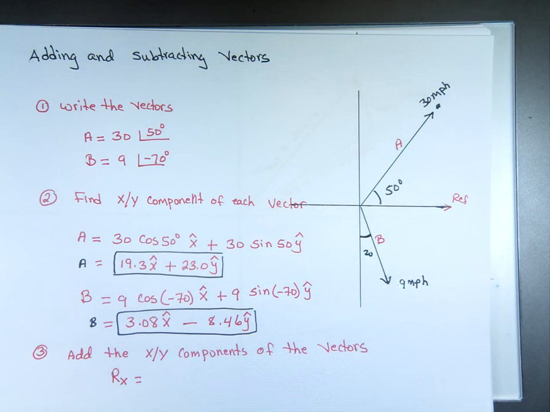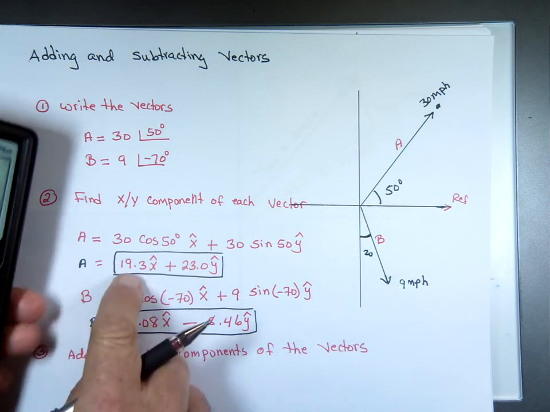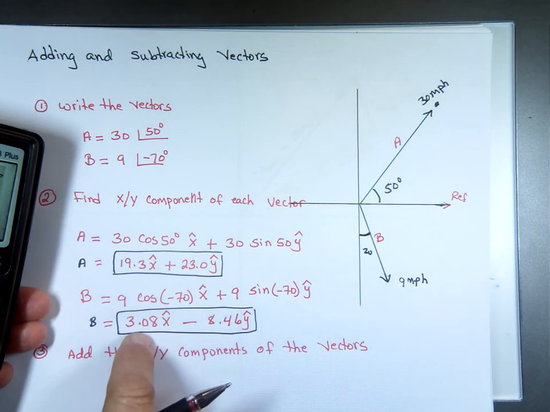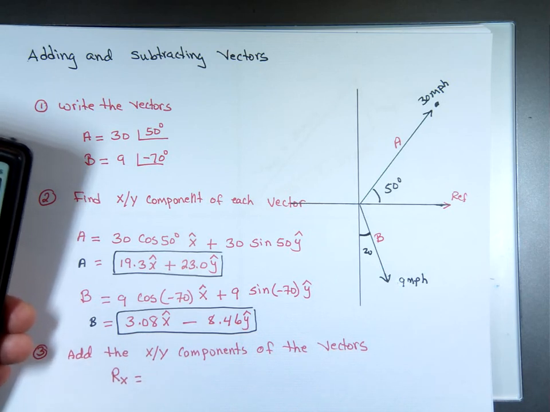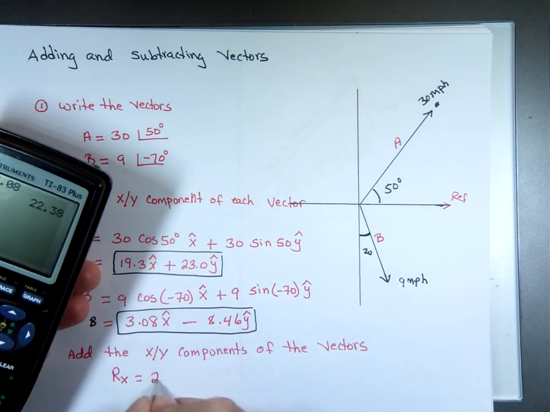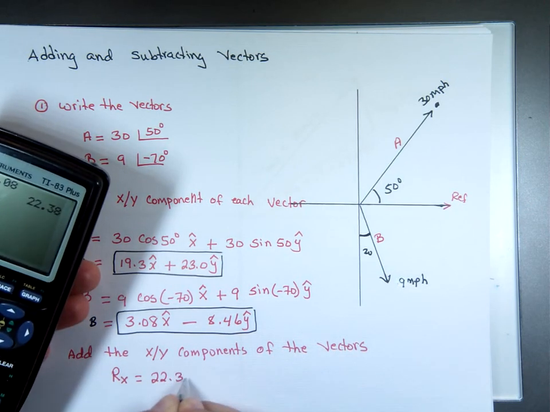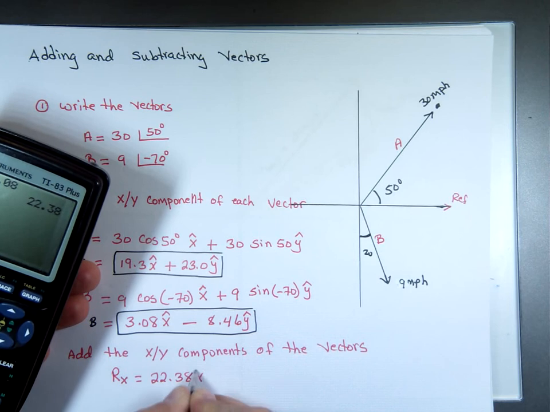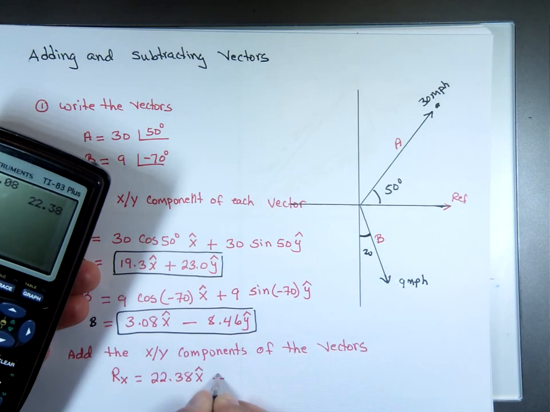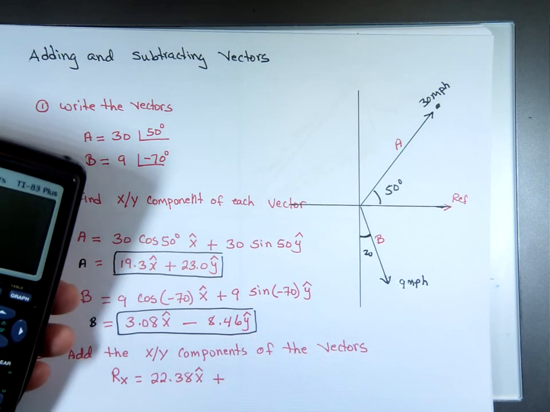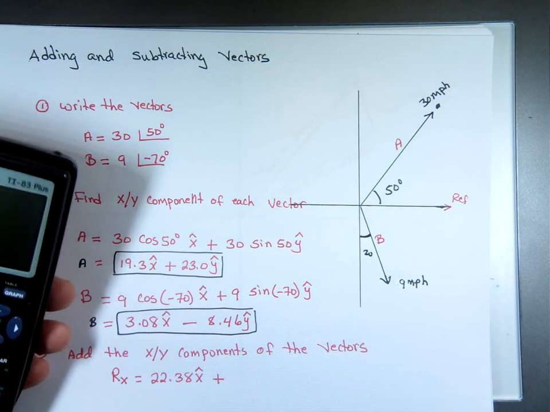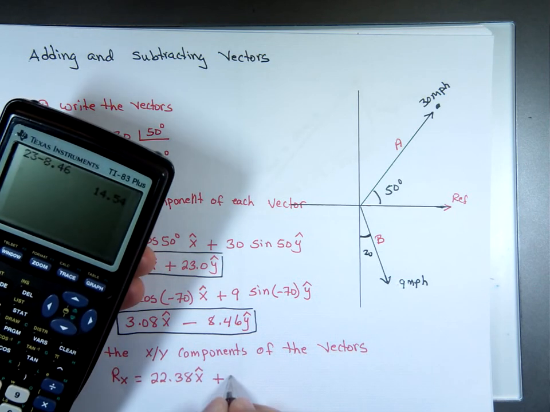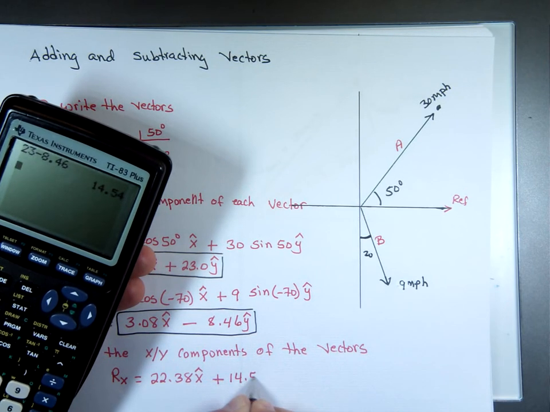The result in the x direction is going to be what? 19.3 plus the 3.08, and that's 22.38 in the x direction. Plus, what's 23 minus 8.46? Plus 14.54 in the y direction.